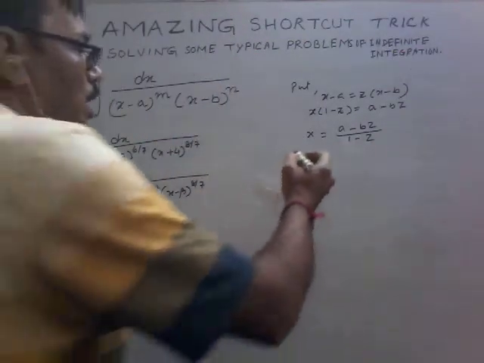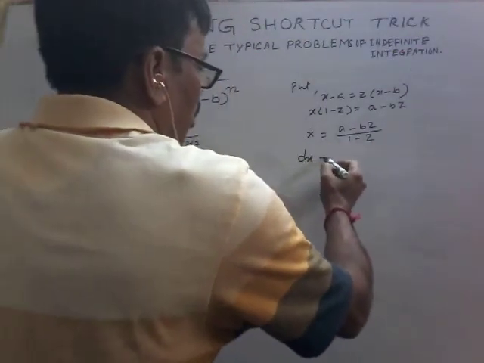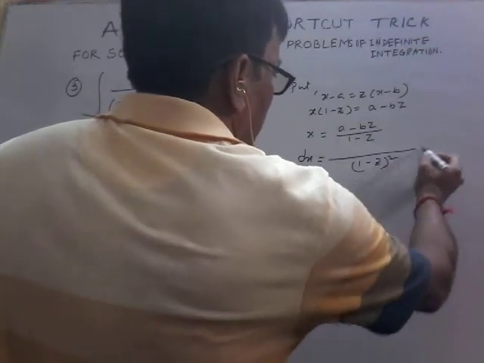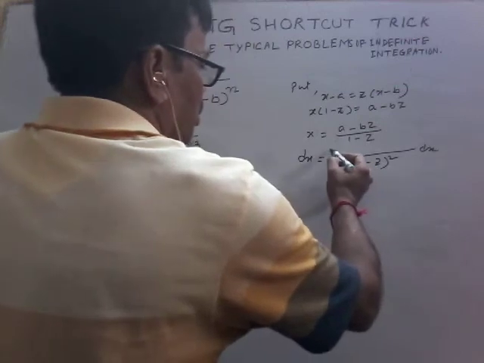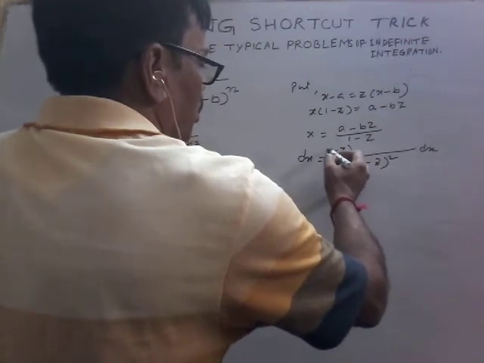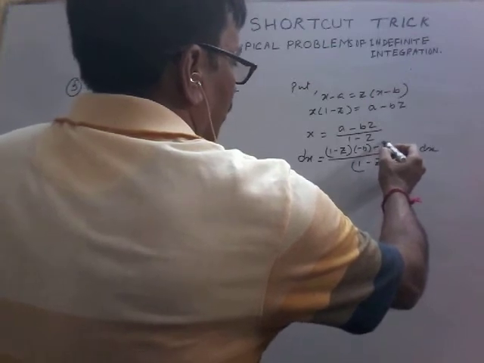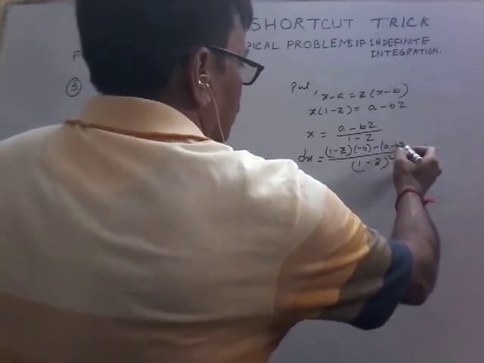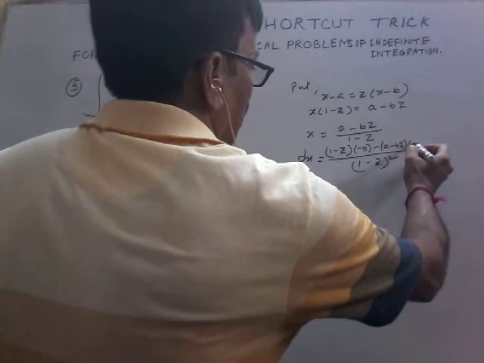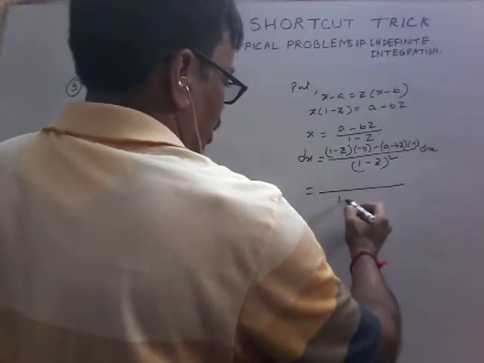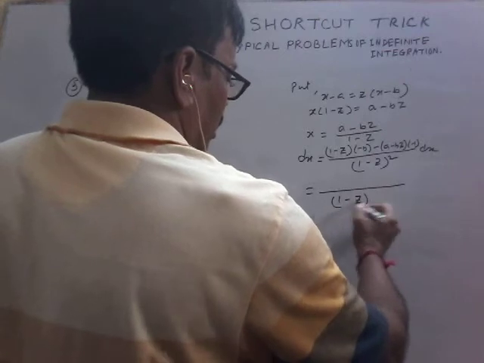Now we have to find dx. For this problem, if we take the derivative, the numerator will always be constant. Look: (1 minus z) into minus b minus (a minus bz) into minus 1, over (1 minus z) whole square.